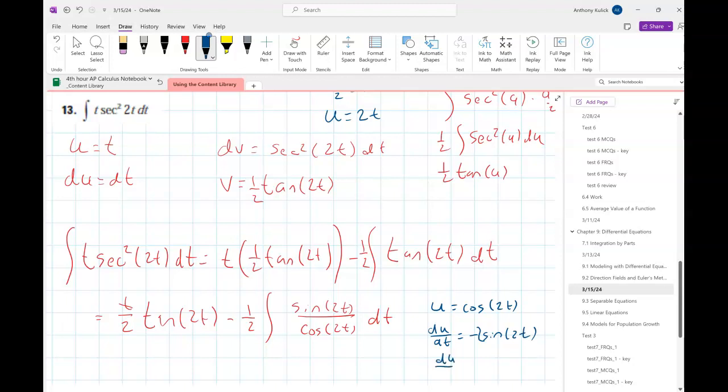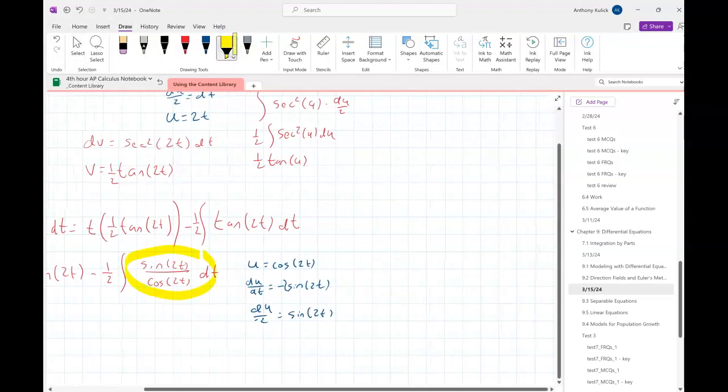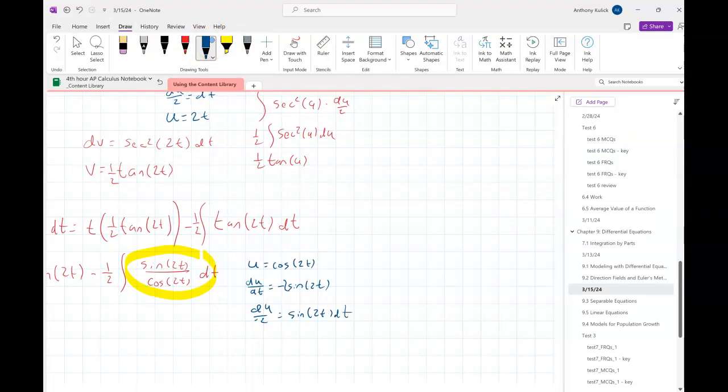So du over negative 2 is going to be sine 2t dt. So if I take that, I'm going to have that negative 1/2 and the integral, and then I'm going to have 1 over u times du over negative 2.